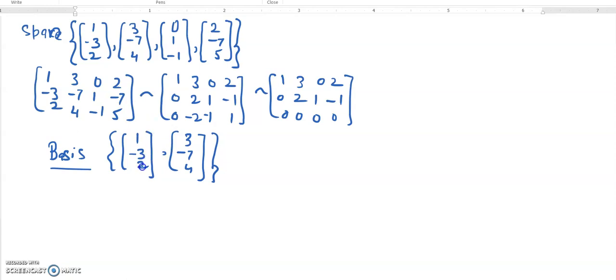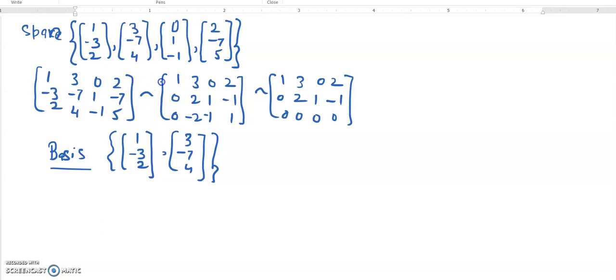The idea of a basis is that from these two vectors we can get any other vector in this span. Of all the vectors, only two more have been given.